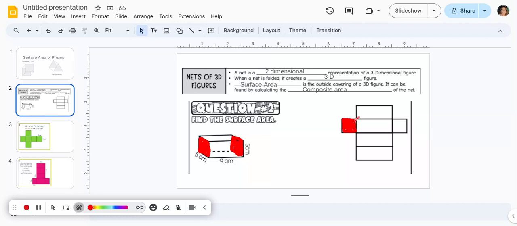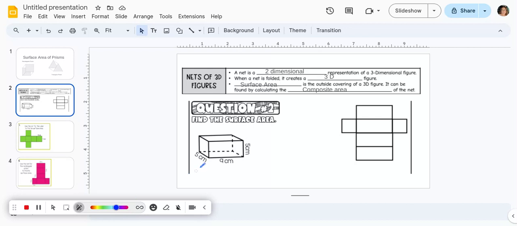So if I take this shape and unfold it, that's what these two pieces are. These two on the sides, those are the corresponding areas. Okay.